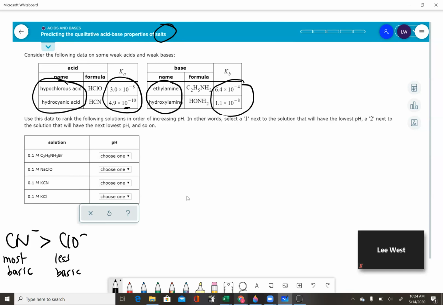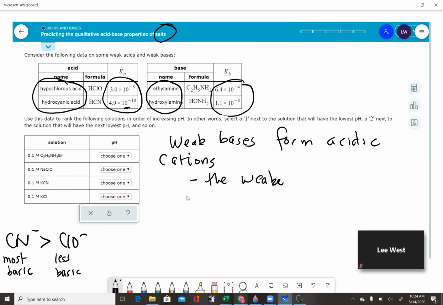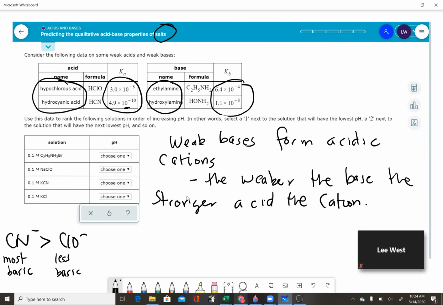So what happens with this is: weak bases form acidic cations, and the weaker the base, the stronger the acid the cation. So that's kind of interesting. So we need to look at both of these things here.